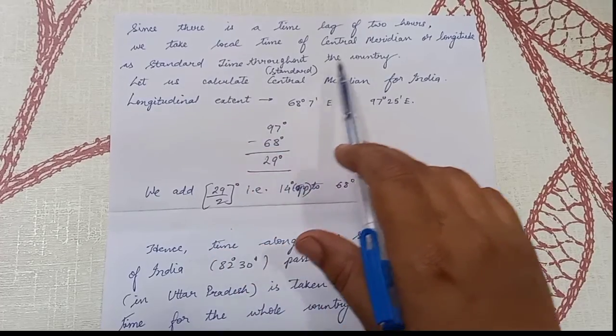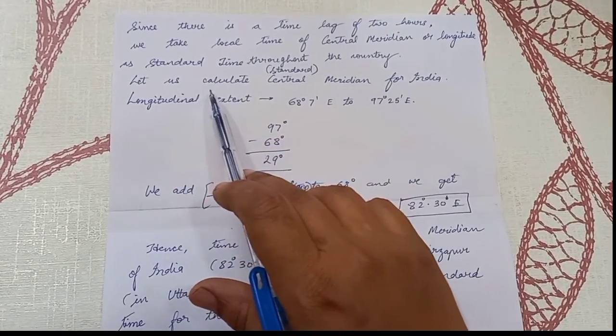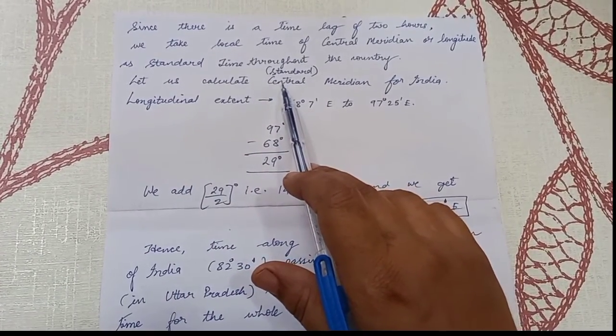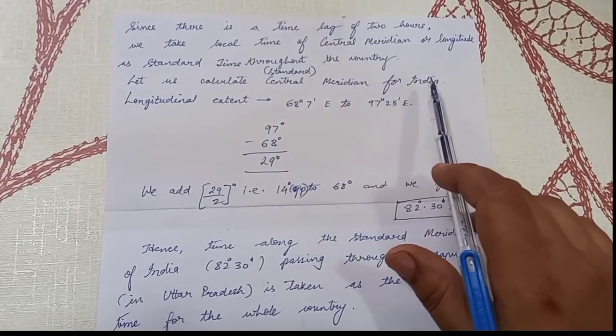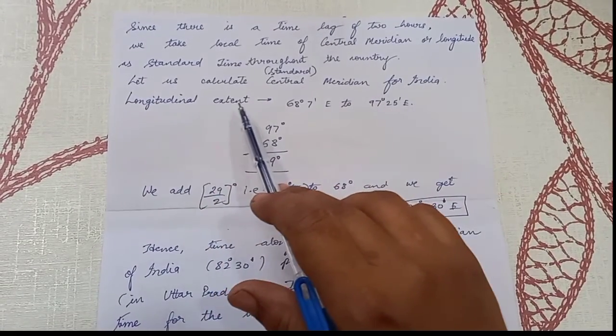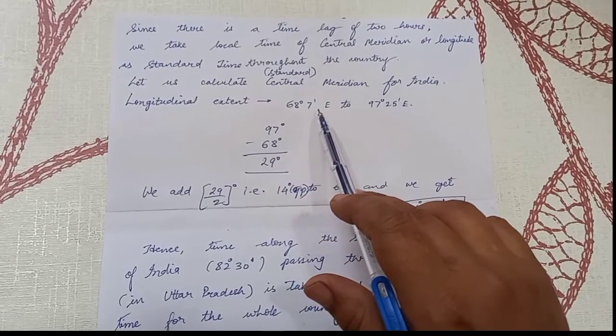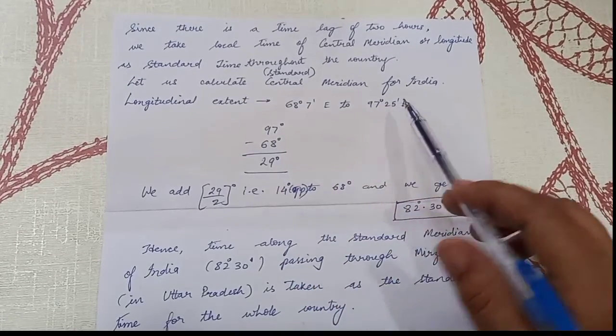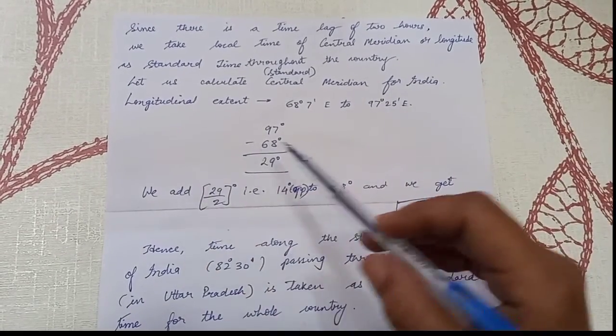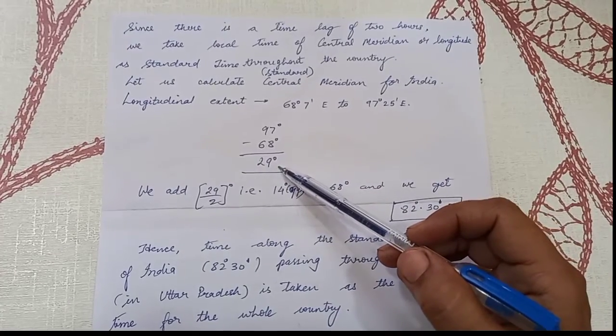time throughout the country. Let us calculate the central or standard meridian for India. Longitudinal extent, we know, is 68 degrees 7 minutes east to 97 degrees 25 minutes east. It comes up to 29 degrees.